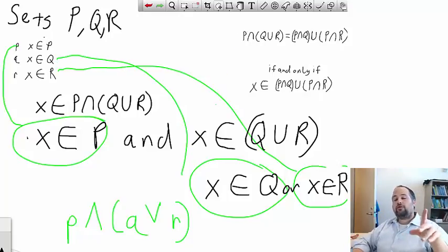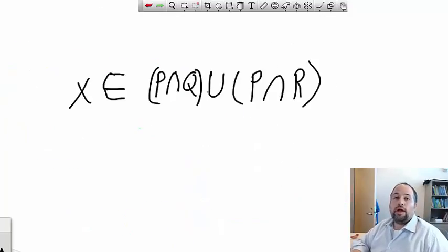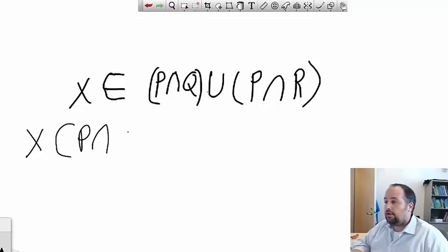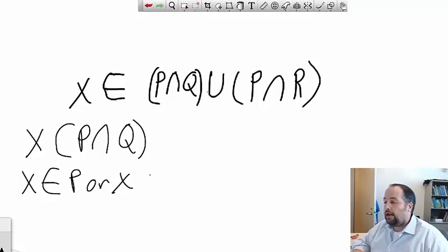Okay, just to make sure that it's perfectly clear, let's go ahead and do that again with the other example. Remember the other side of our sets' distributive law, right? X exists inside P intersection Q union with P intersection R. And again, what does that mean? That means that X is inside P intersection Q, which means that X is a member of P, or X is a member of Q. What does this mean?